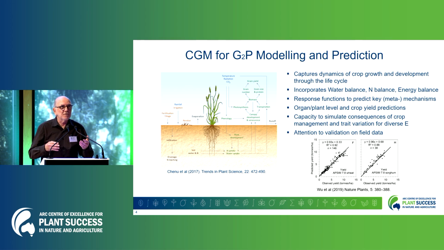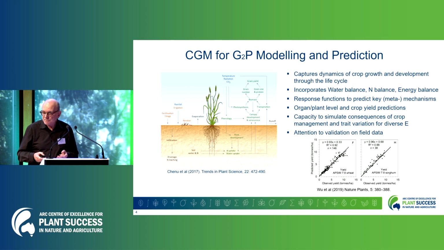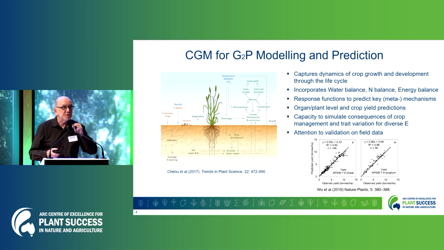All of those things have equations inside the crop growth model that enable you to predict the crop growth, biomass, and ultimately yield. And you can do that for different management combinations, different types, different levels of genetic traits, and different environments.